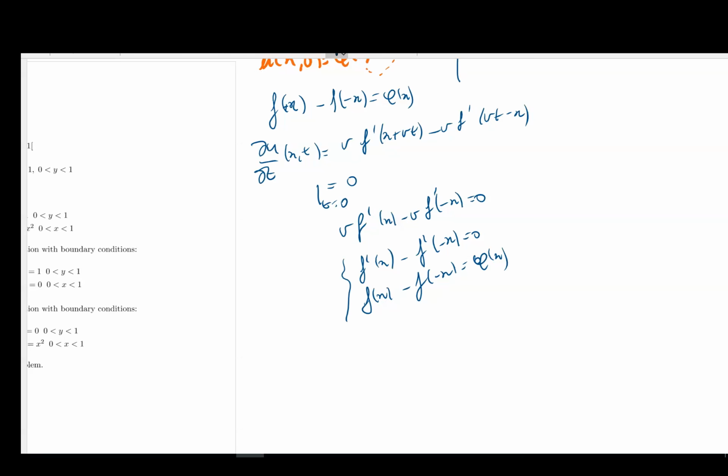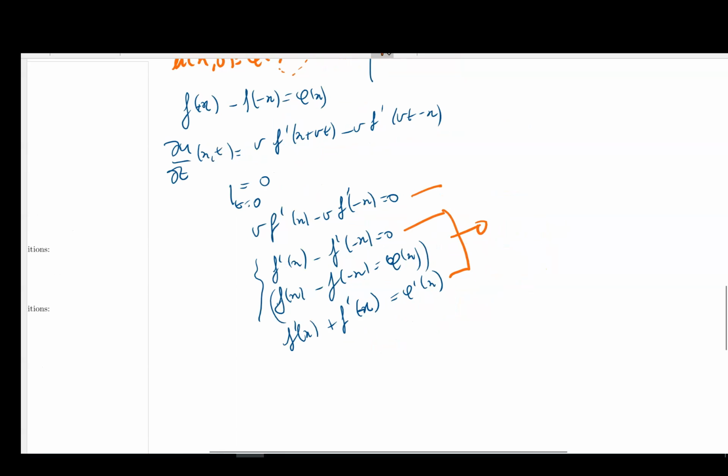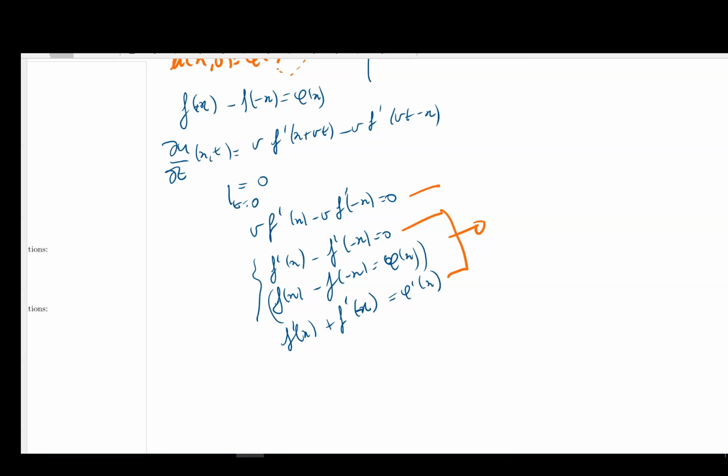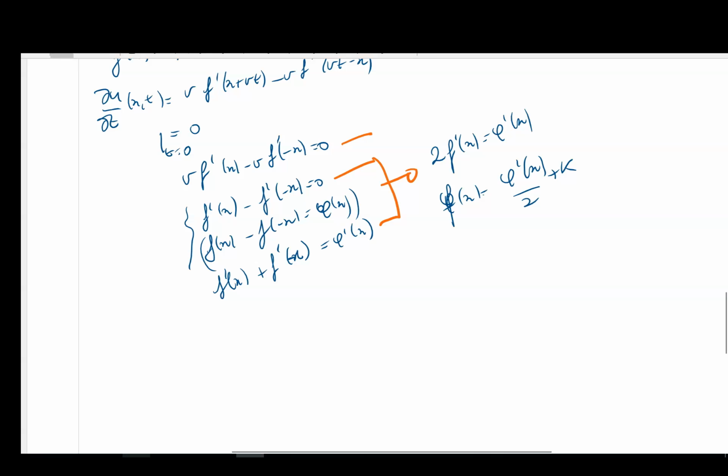I get that f prime of x plus f prime of minus x is equal to phi prime of x. So using this equation, this one plus this one, I just sum the two equations, I get that 2f prime of x is equal to phi prime of x. So f of x is equal to phi of x over 2 plus constant.